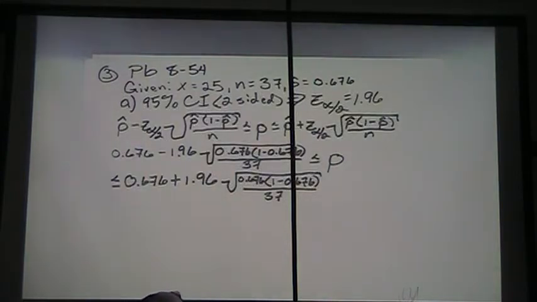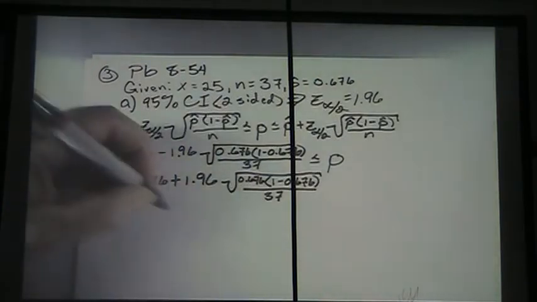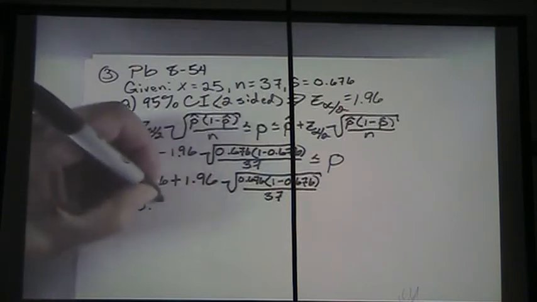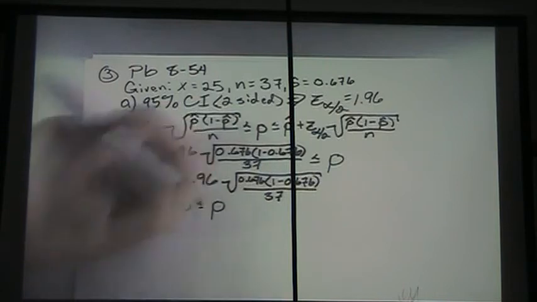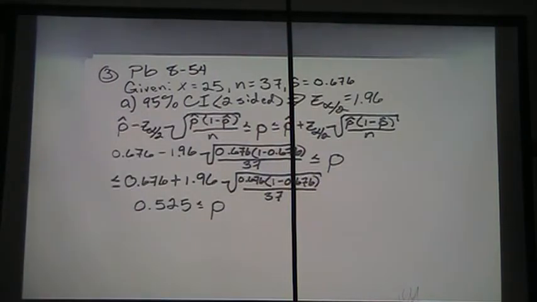So that means our lower bound is 0.525, less than or equal to p. Now, our upper bound once more is 0.827.